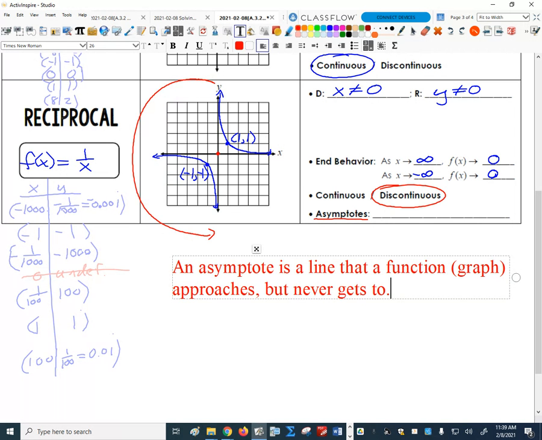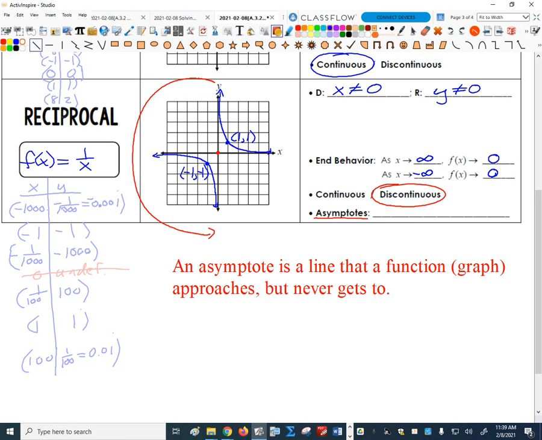If I graph some asymptotes on here, it makes it easier to see what's going on. There is a horizontal asymptote on this graph right there, isn't there?